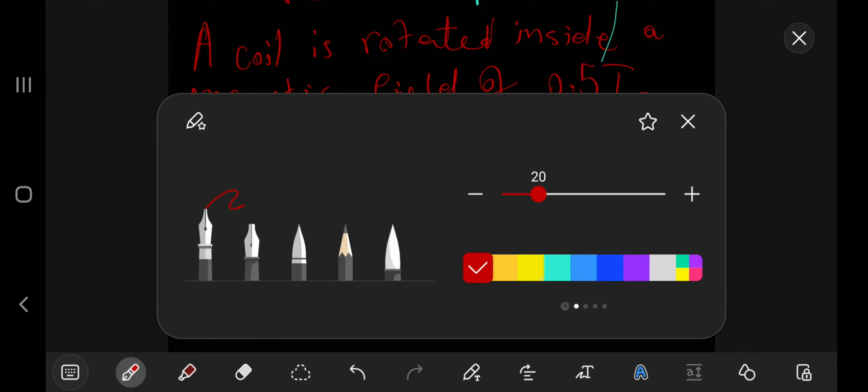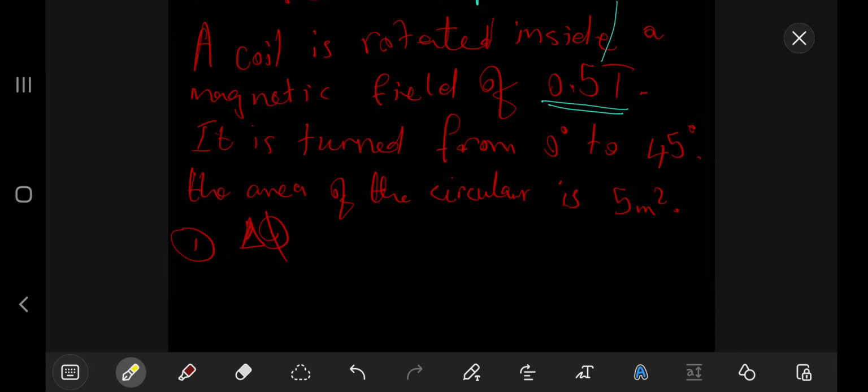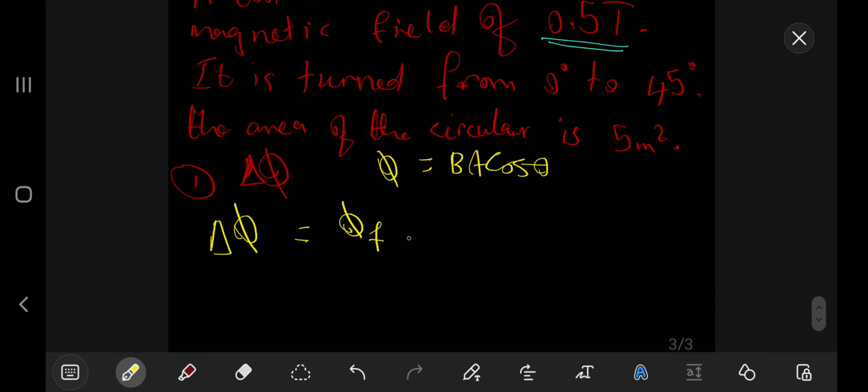Okay, so we know that magnetic flux is equal to BA cos theta. But what about the change? It will be final magnetic flux minus initial magnetic flux. So it means if the final angle is 45 degrees, the initial is 0 degrees, right?